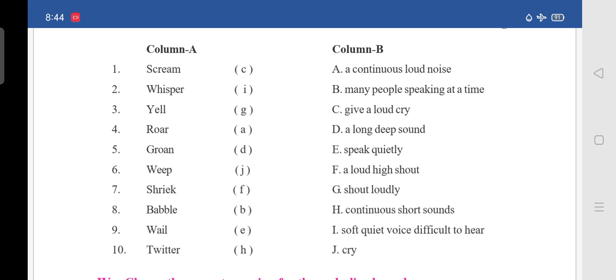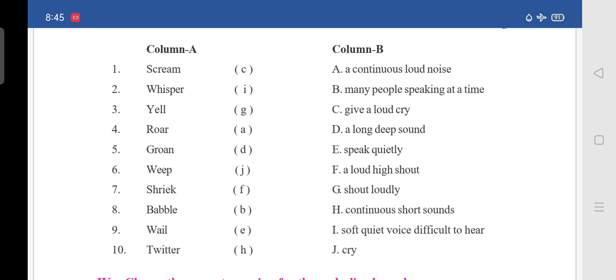Fourth, roar. Roar means a continuous loud noise. Fourth one is A. Fifth one, groan means a loud deep sound. Fifth one is D. Sixth, weep means cry. Sixth one is J. Seventh, shriek means a loud high shout.